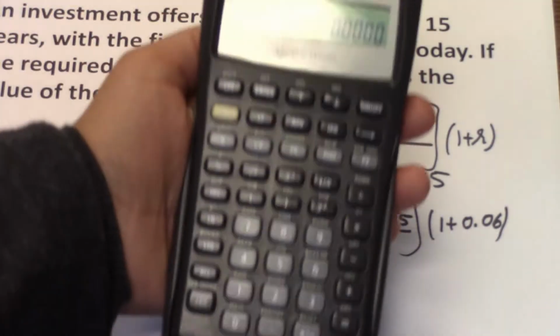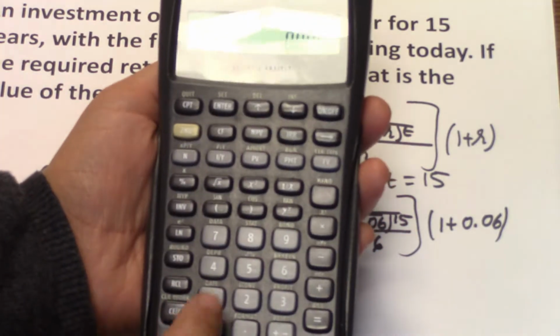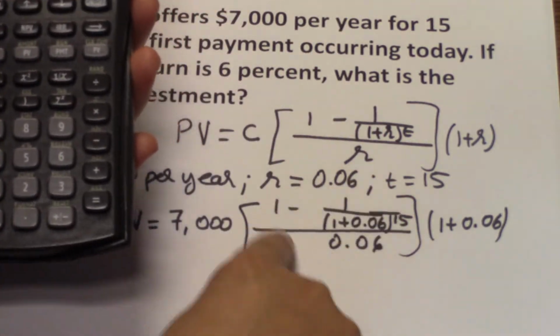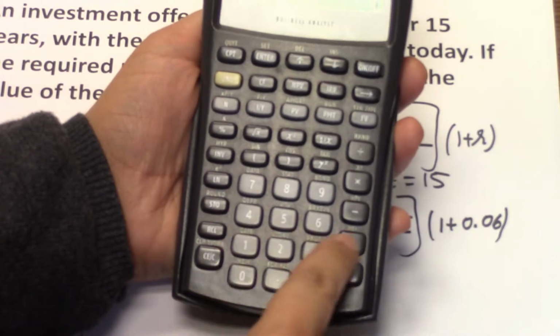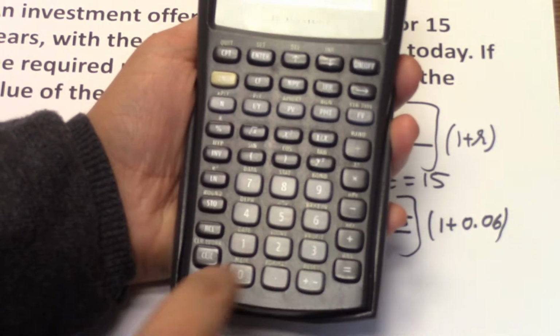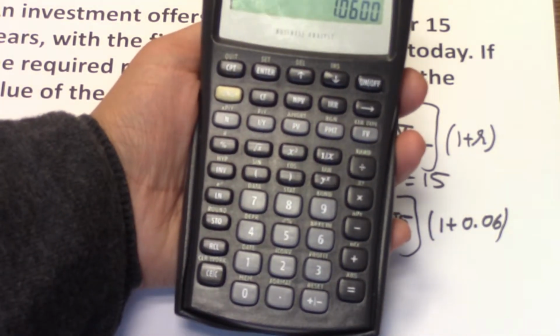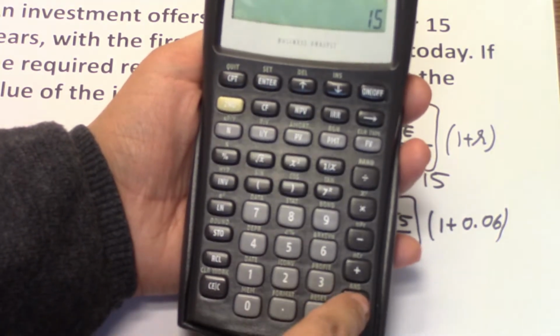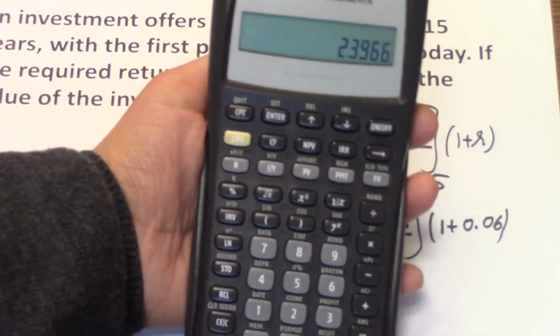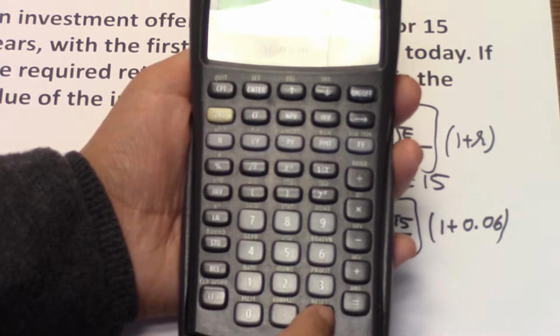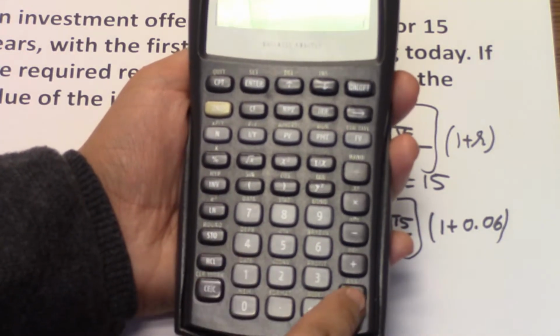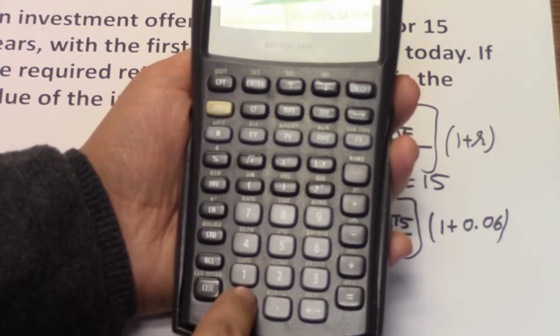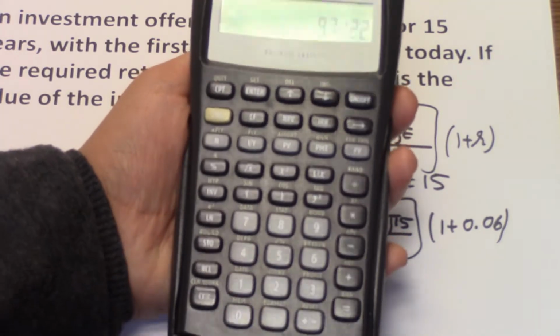We always start with whatever is inside the brackets. So we start with this part right here. So 1 plus 0.06 to the power of 15 equals, now we inverse it, negative plus 1, and then we divide by 0.06.